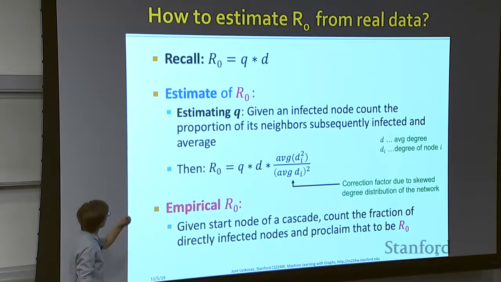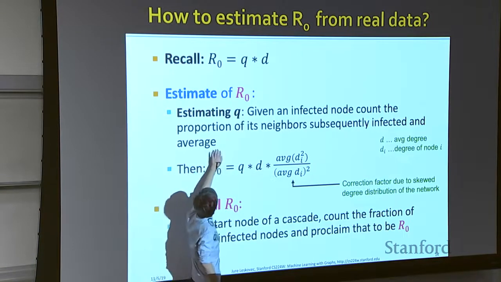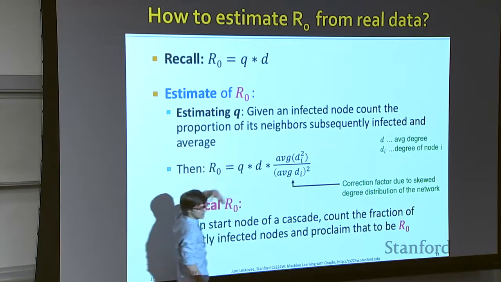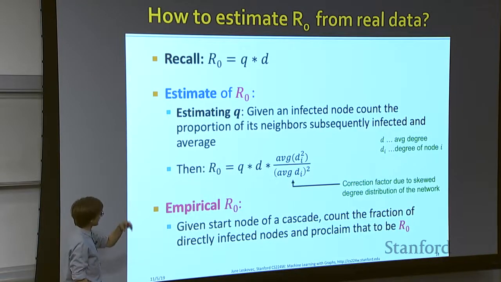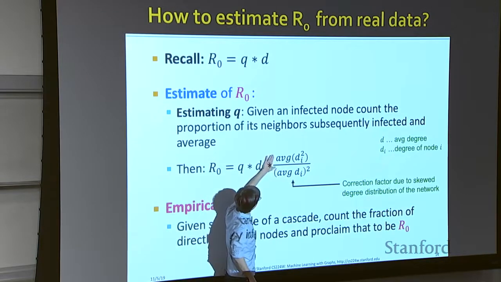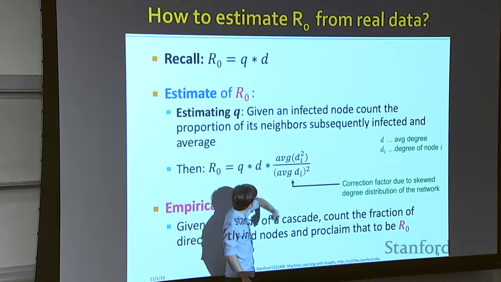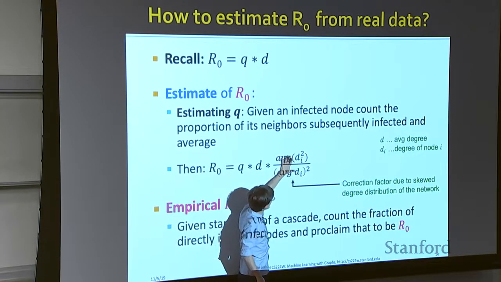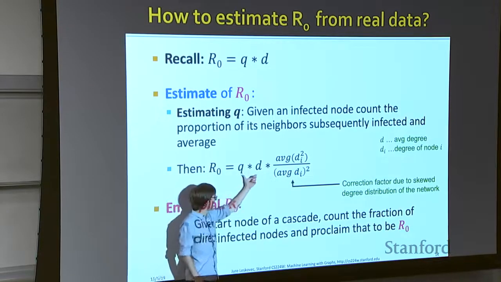So basically, given an infected node, let's count the proportion of its neighbors that were subsequently infected by this photo, that have liked it, and let's average that. And here, for the reasons of skewed degree distributions, which is, think of the first two lectures, you also need to include this correction factor.